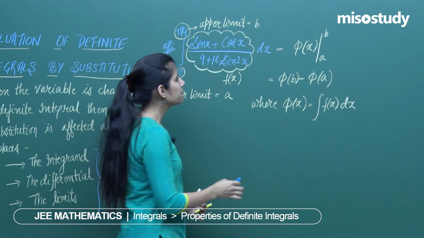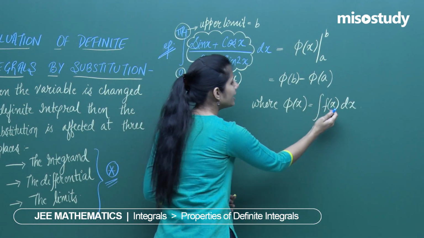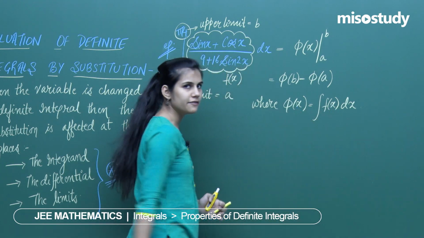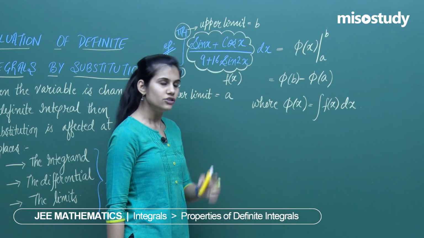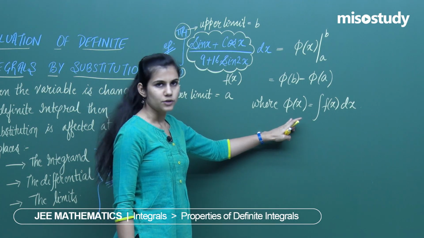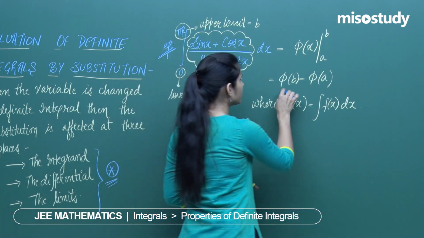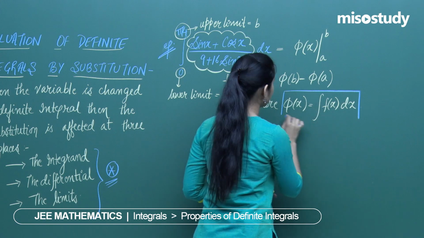So in order to compute the definite integral, I will have to compute first the indefinite integral of f(x), just one, in terms of x. So let's do that, because this is the ultimate aim.